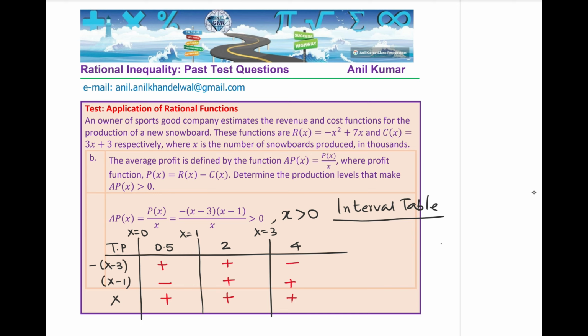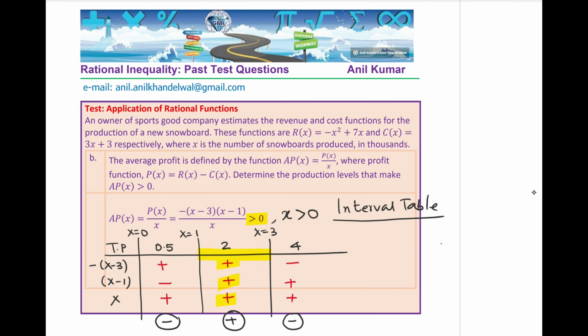So if you analyze this, the only portion which gives you greater than 0 is right there. On the multiplication, we get these values as negative, these values are positive, and that will be negative. And therefore, the solution is within the interval from 1 to 3.